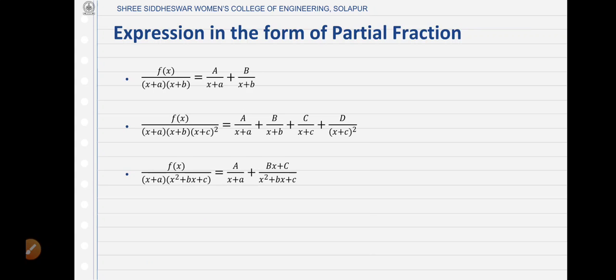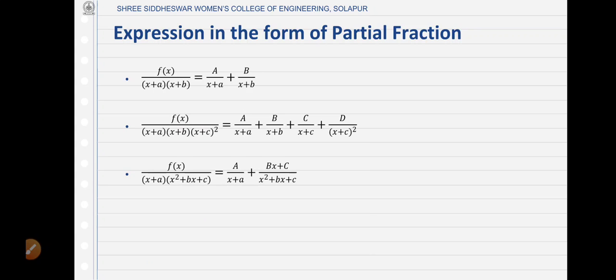So there are two constants, capital A and capital B on RHS. In second case, there are in all 4 factors. So degree is 4, and hence there are 4 constants on the RHS. In the third case, the degree of the denominator is 3, and hence there are 3 constants involved in the RHS.